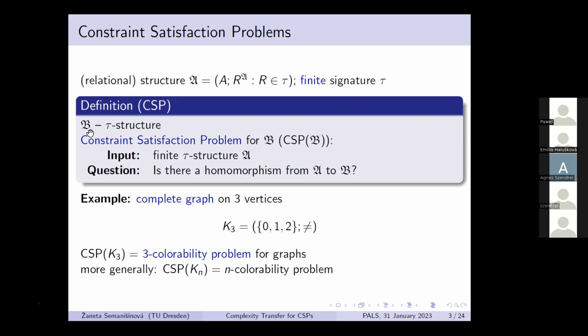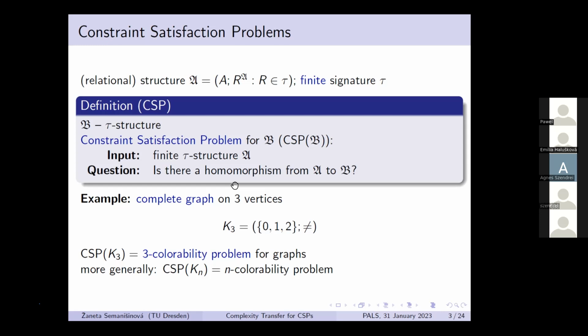For a CSP, there is a fixed structure with a fixed signature behind, and we always say B, and we always talk about the constraint satisfaction problem of B for some fixed structure. The input for the constraint satisfaction problem of B is a finite structure with the same signature, and we ask: is there a homomorphism from this finite structure to B or not?